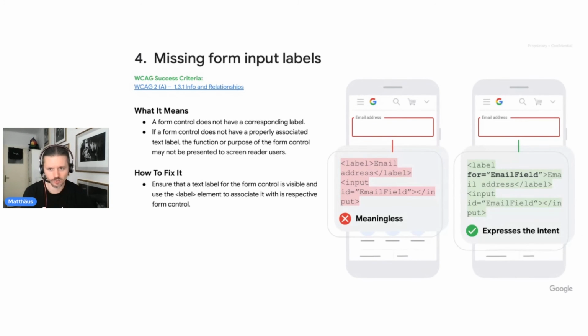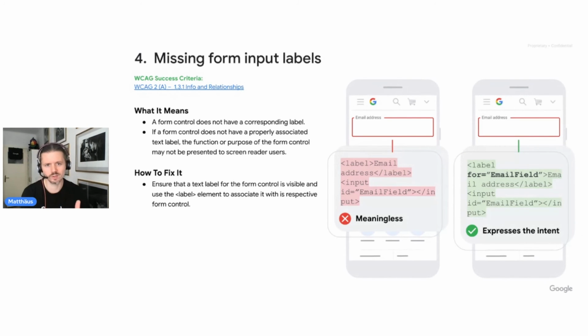For example, it's not enough to say label, email address, and then just put an input right after it. It's not enough, because you have to make it visible to the browser that this specific label is associated with this input field.